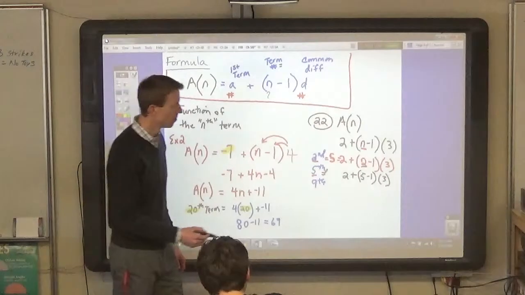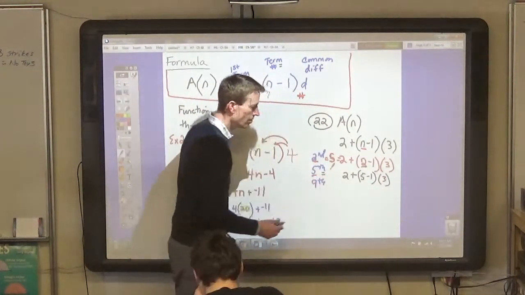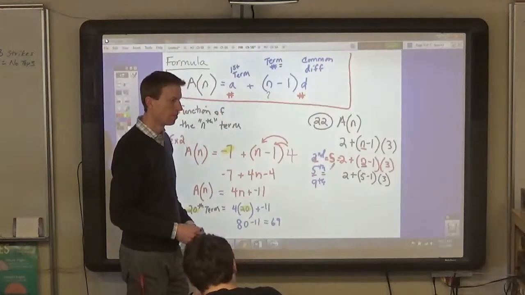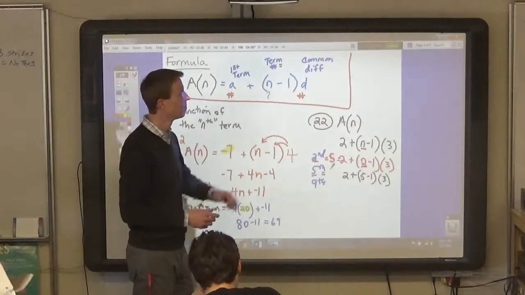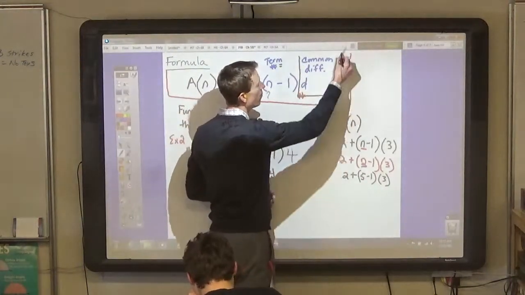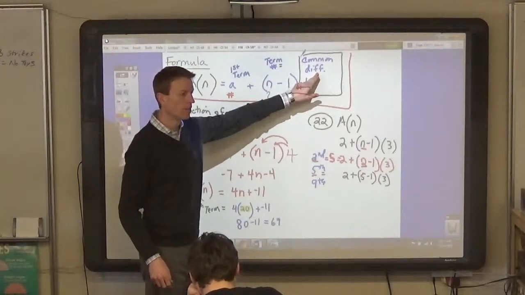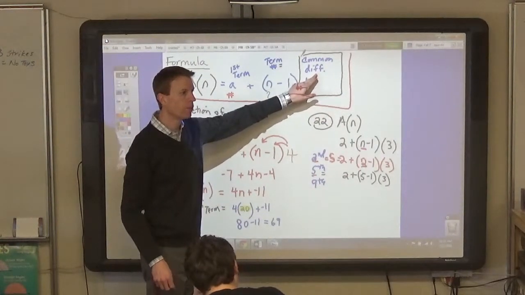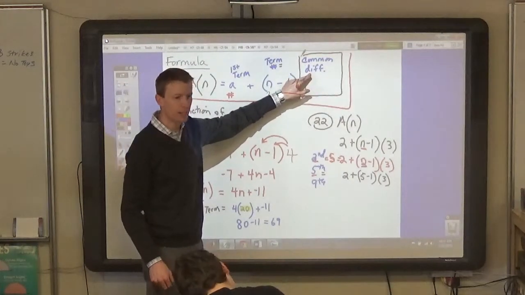At the end, 3 is always going to just stay 3 for this equation, so you just put in the term number for n: the second, fifth, and ninth. What does d stand for? Where do you get this number from? The common difference. How do you find the common difference?